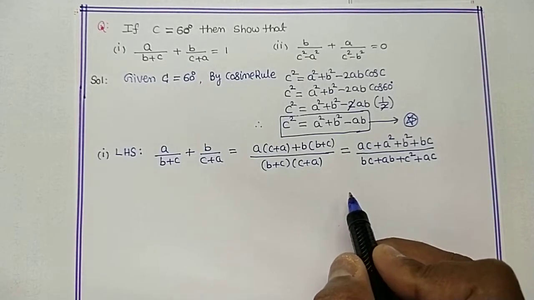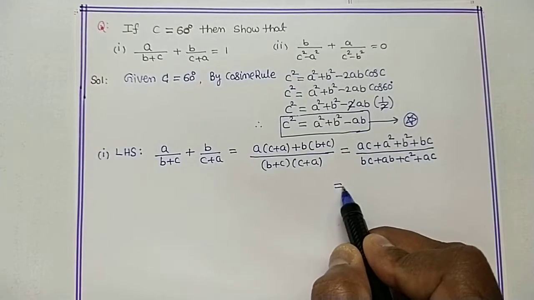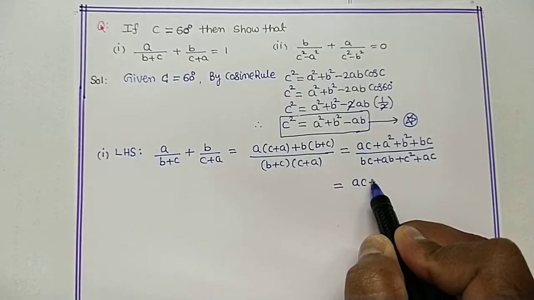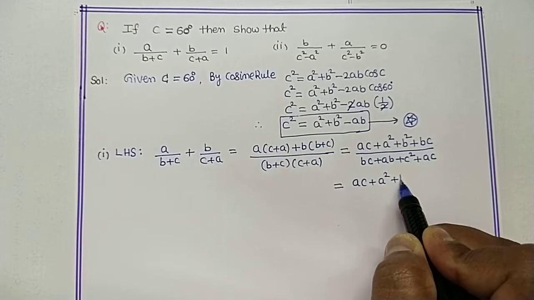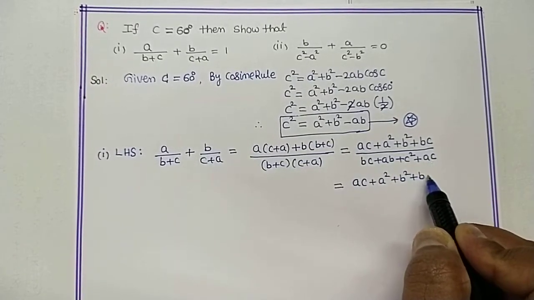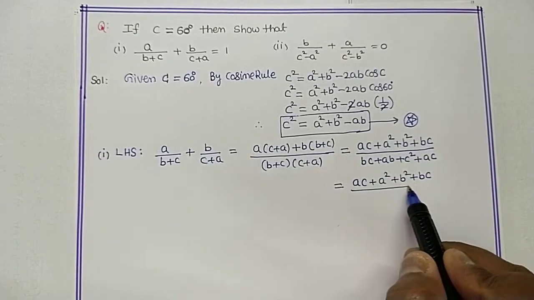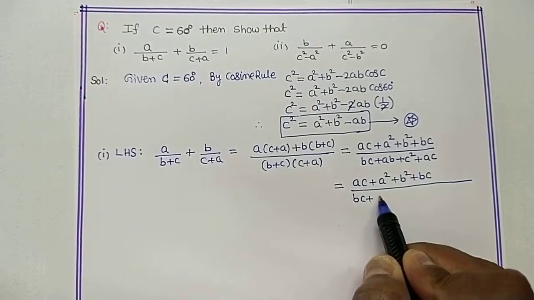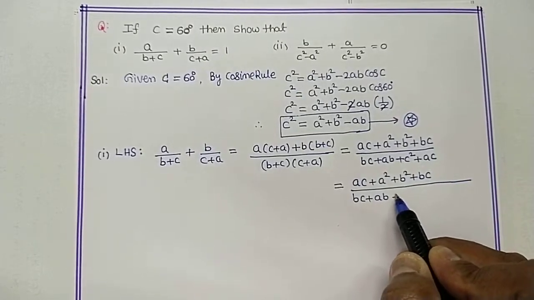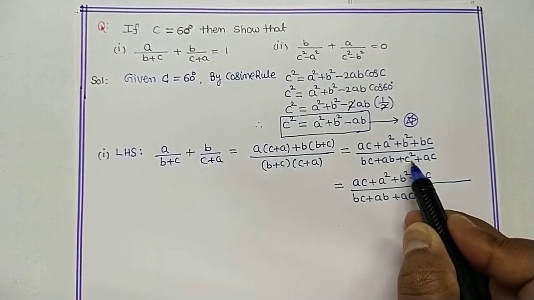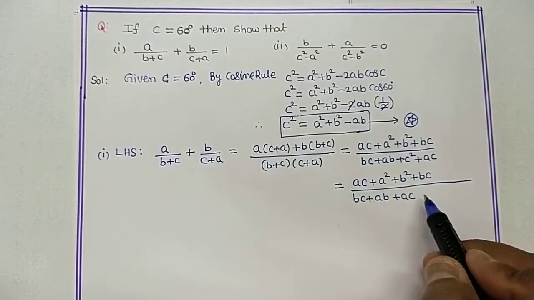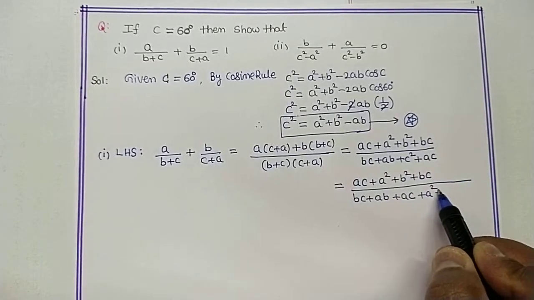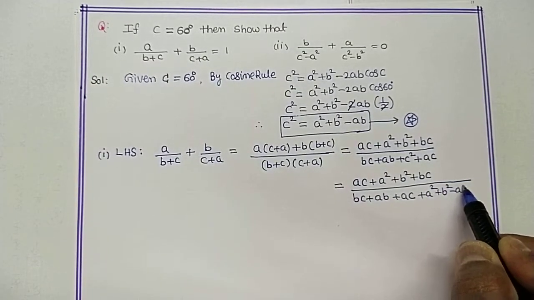So it will become ac plus a square plus b square plus bc divided by bc plus ab plus ac. In place of c square, you have to write this value, a square plus b square minus ab.